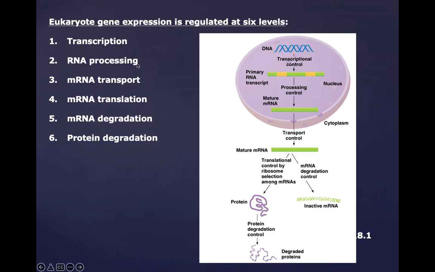So we're going to cover the remaining five levels or steps that eukaryotic organisms can utilize in order to control how certain genes will be turned on and off at specific time points.